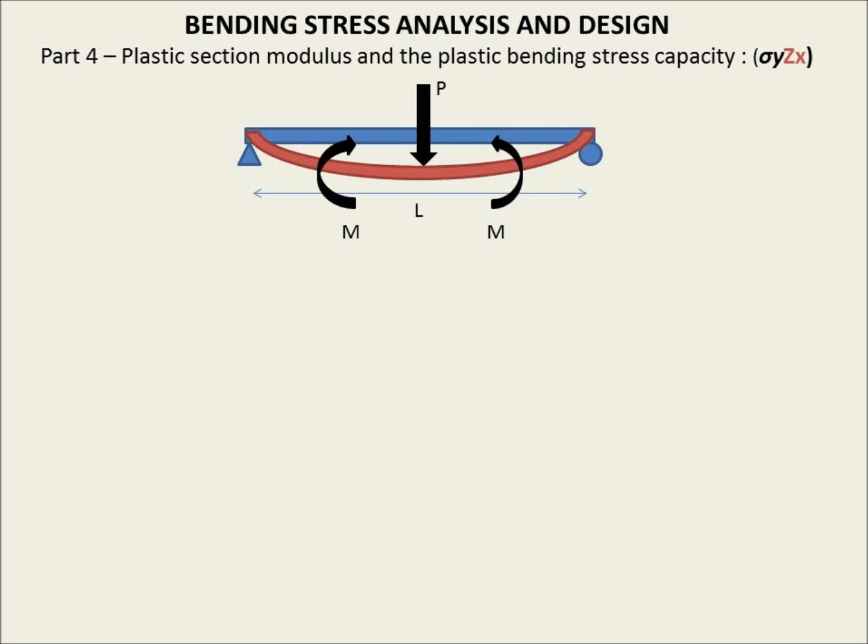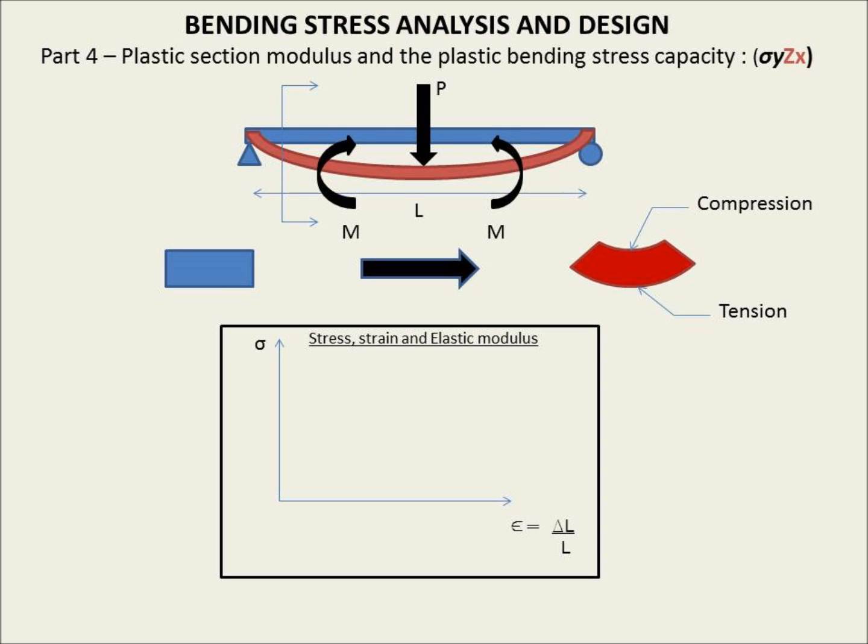And then we looked closer to see the difference between the blue undeformed beam and the red beam, and we said that it essentially corresponds to a shrinkage at the top corresponding with compression and an elongation at the bottom corresponding with tension. Again, watch the first video for a slower and more thorough explanation and development of these ideas.